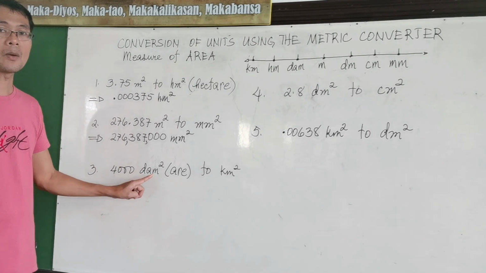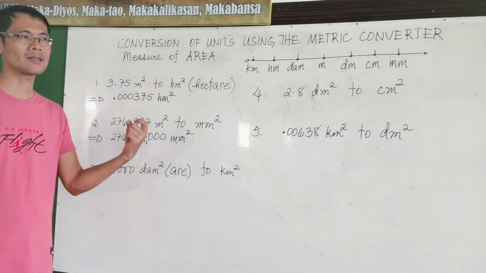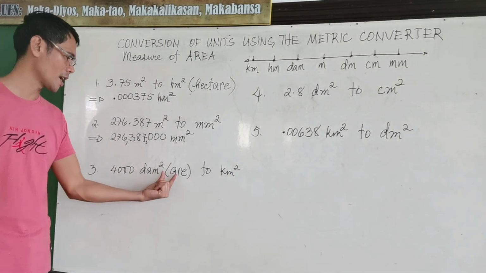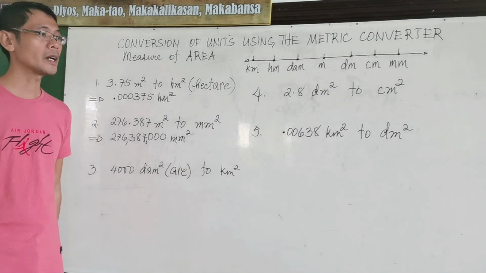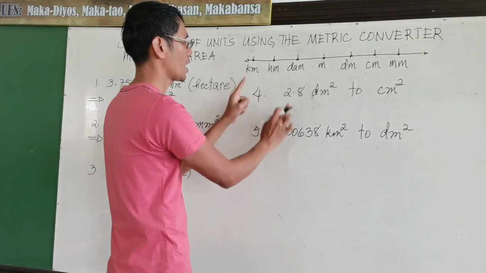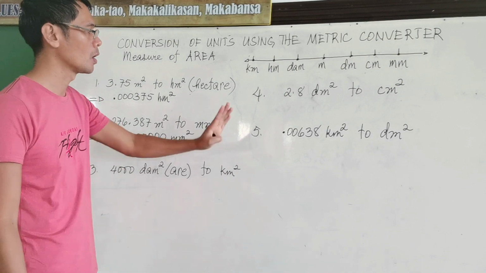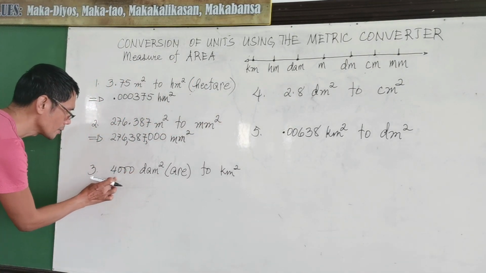Okay, let us see number 3. 4,000 dam square. So our dam square is our R. So that is also known as R. This is 4,000 R or square decameters to square kilometers. So decameter to kilometer, there are 2 spaces times 2, we have 4, going to left. So where is our decimal point?